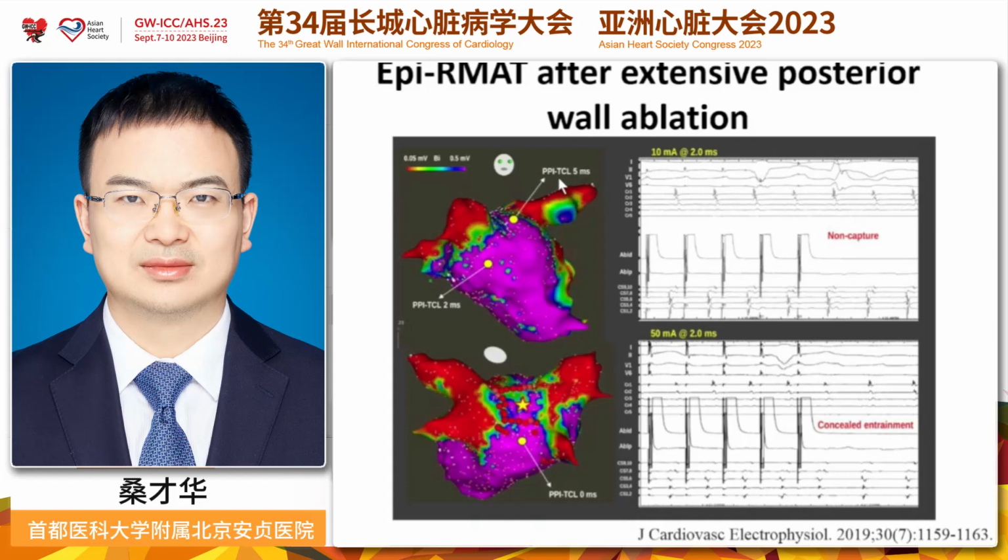The PPI minus TCL was good, but when he paced at the posterior wall with 10 mA, there was no capture. When he used high output, 50 mA, he achieved concealed entrainment, which implies epicardial conduction exists.